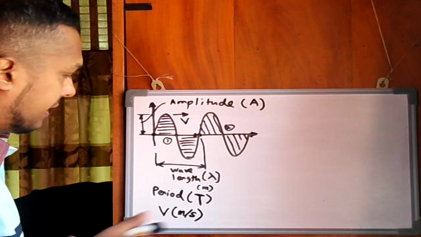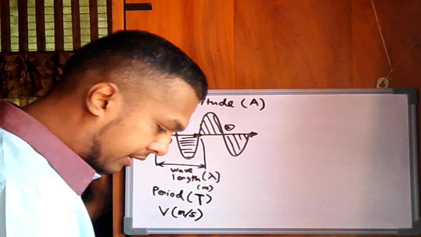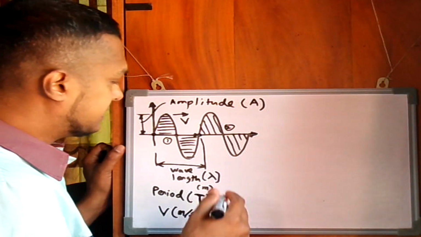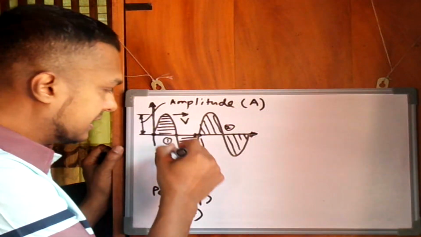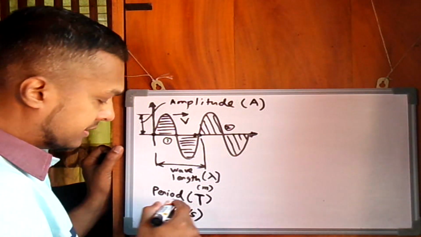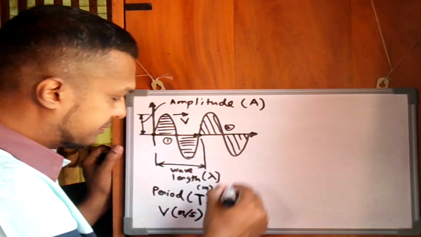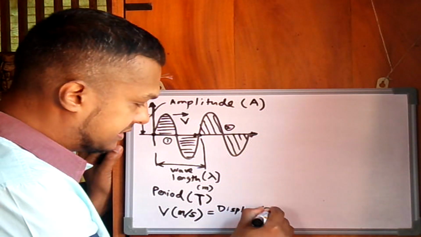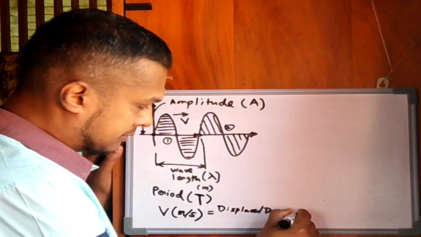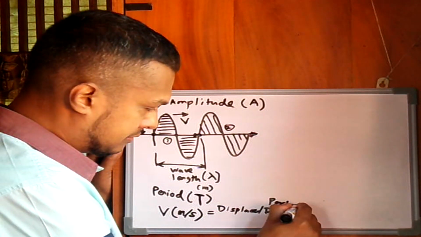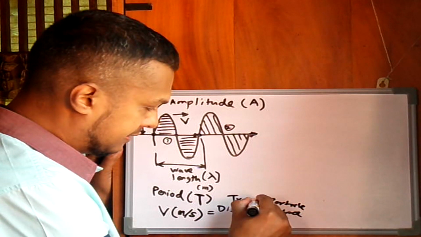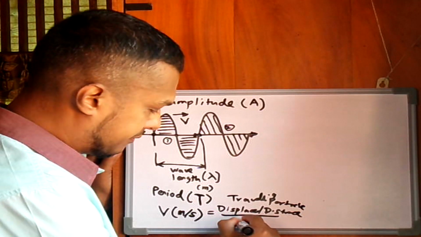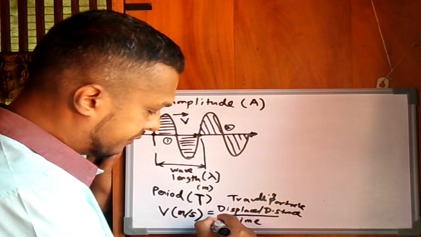Now, there's another thing that we need to learn on this topic, which is the frequency. Frequency is the amount of oscillation for a period of time. So velocity is the distance the wave travels per unit time.